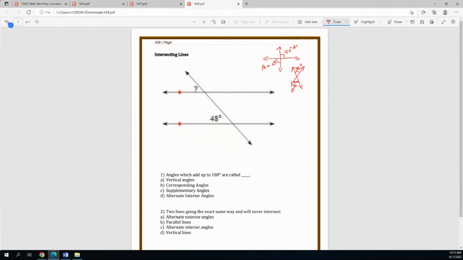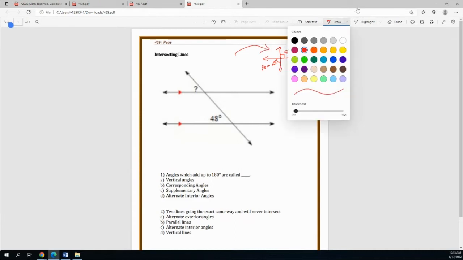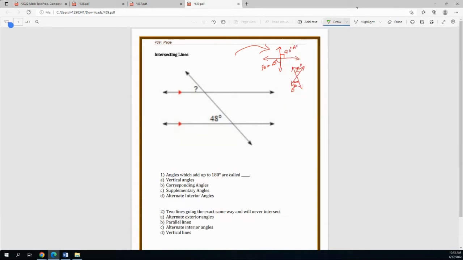Now, let's go back to that perpendicular idea. One of the things we understand is that this is a straight line. What if I called it a straight angle? Remember, a straight angle is a straight line, and it's equal to 180 degrees.